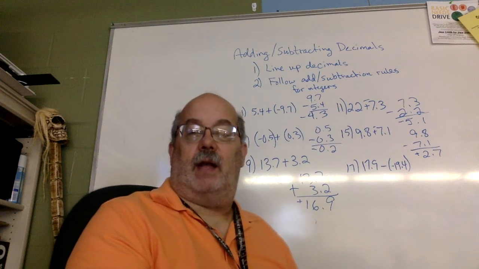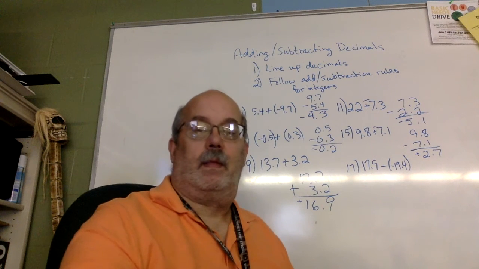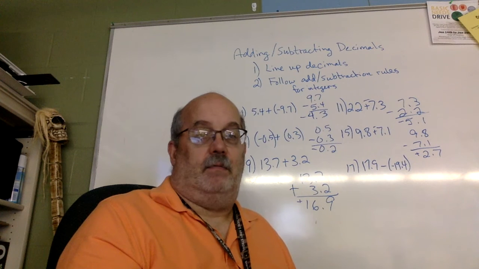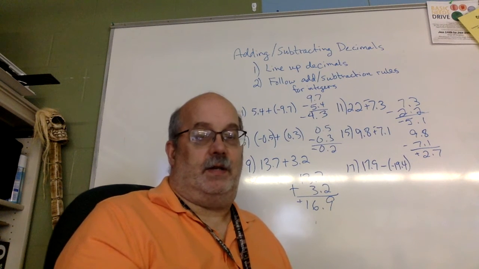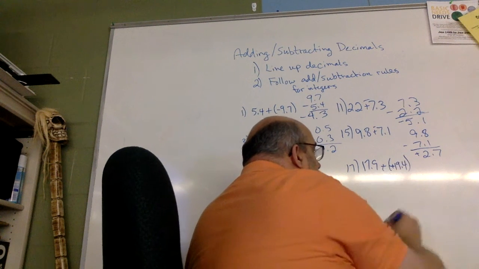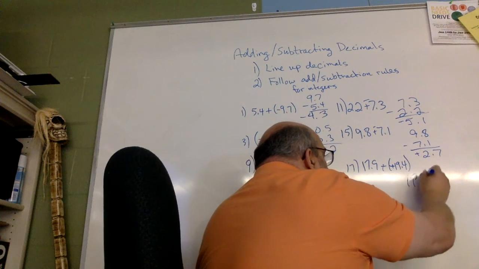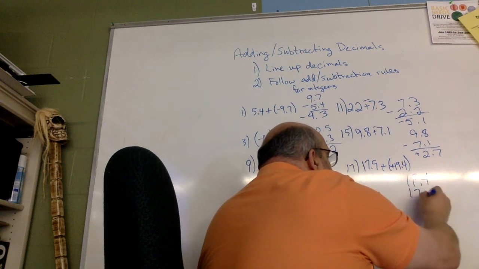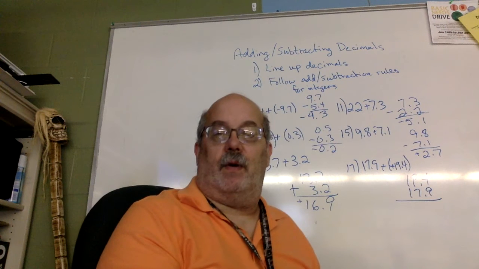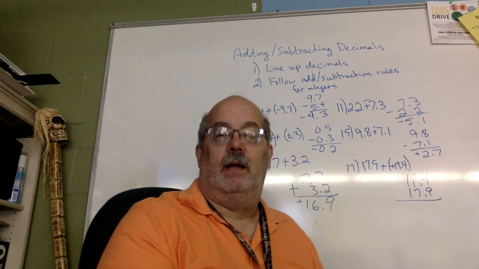17.9 minus the negative 19.4. Well, we got a subtraction. We need to change it to an addition and change the sign. So I have 19.4 over 17.9.